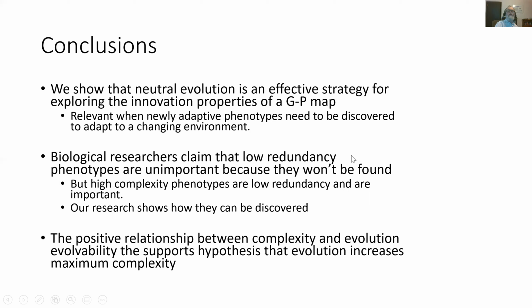But we show this is not true by showing that these low redundancy genotypes, at least for our circuits, are the high complexity genotypes or phenotypes. And high complexity is important for the progress of overall evolution and hypotheses like the arrow of complexity hypothesis. So our positive relationship between complexity and evolution evolvability enables us to evolve increasing complexity. Thank you.